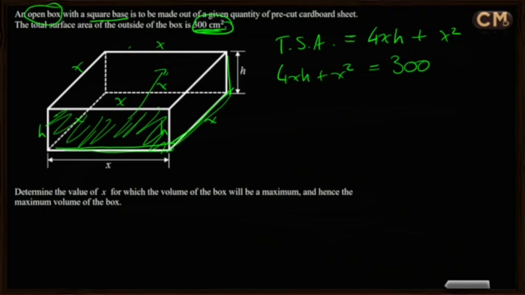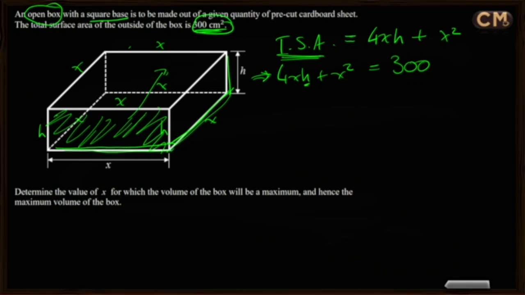Now, they want the volume of this box to be a maximum. We don't know what's happening here other than they need the volume to be maximized, and we can't deal with two variables. So given that this is surface area, we can take the equation we've just created and make h the subject.